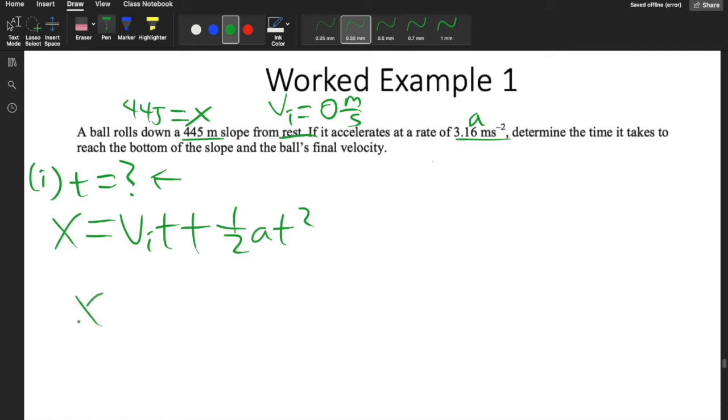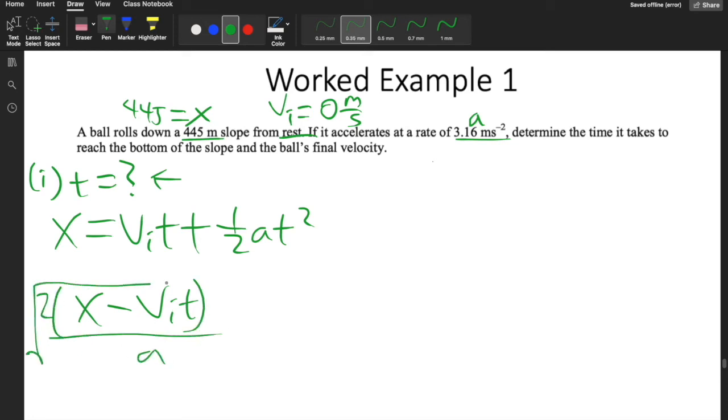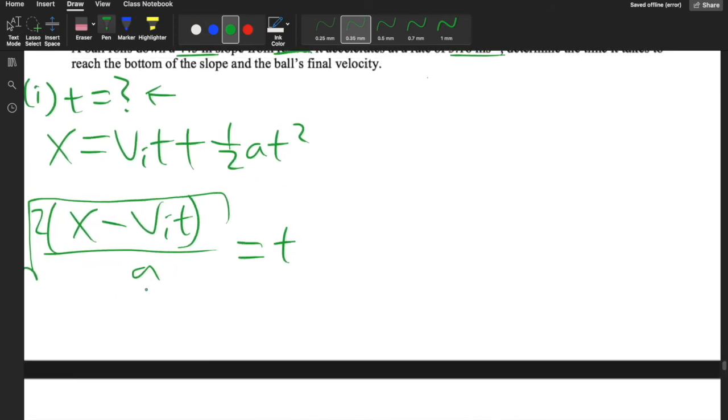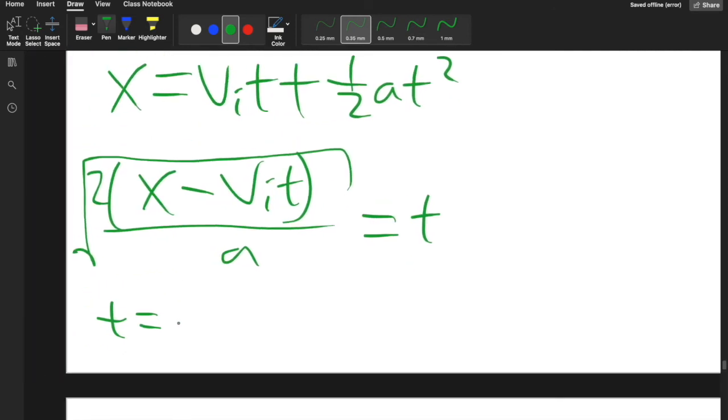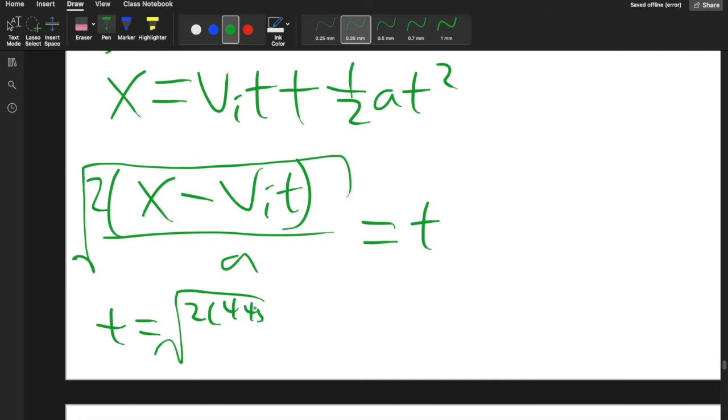So t equals the square root of 2 times displacement minus initial velocity, divided by acceleration. The initial velocity is equal to 0, so that whole term is going to be 0 here.